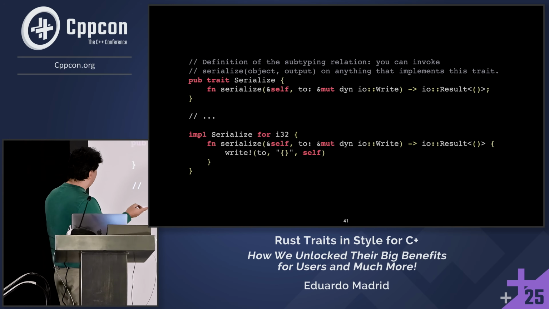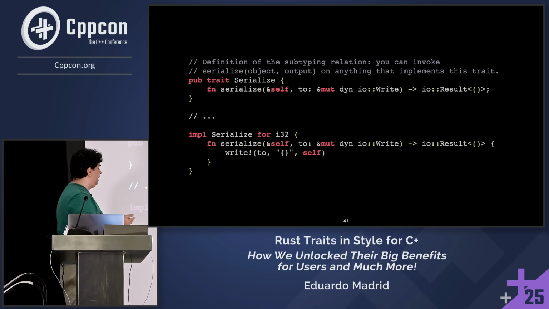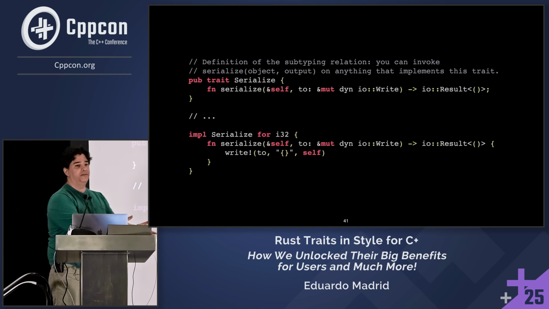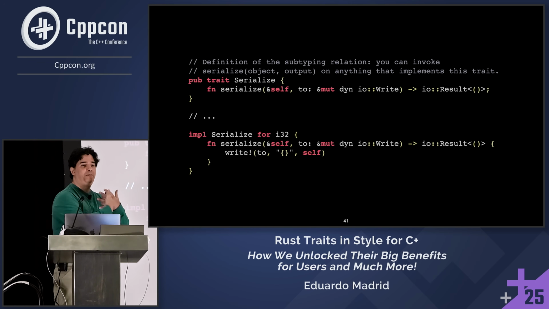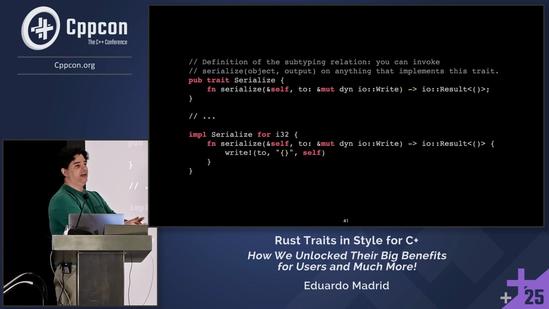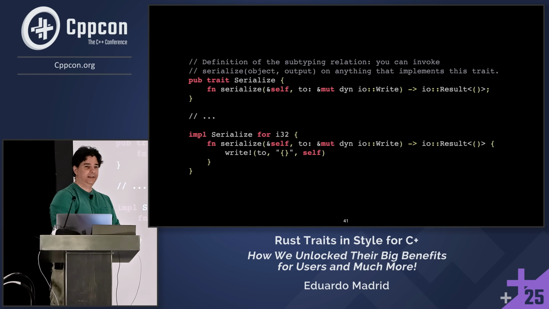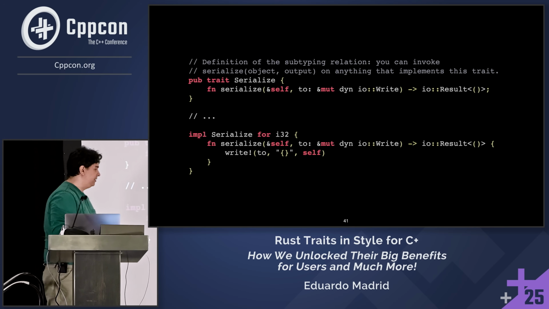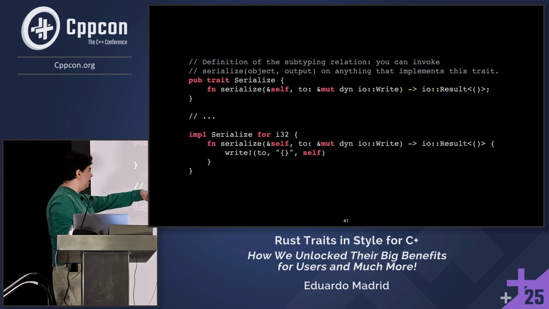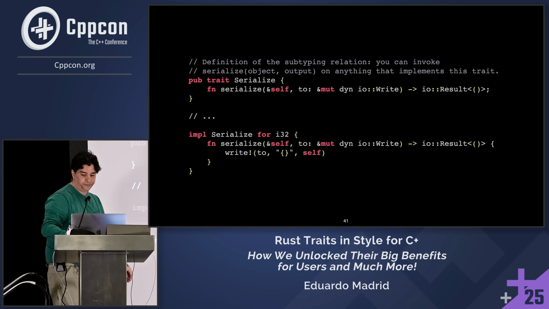So after you had declared that, the slide shows how to give something that is primitive, that predates the trait, the capability of serialization, something like an integer, or any type for that matter. And what you do is to say the implementation of serialization for an integer is to do what the code shows.